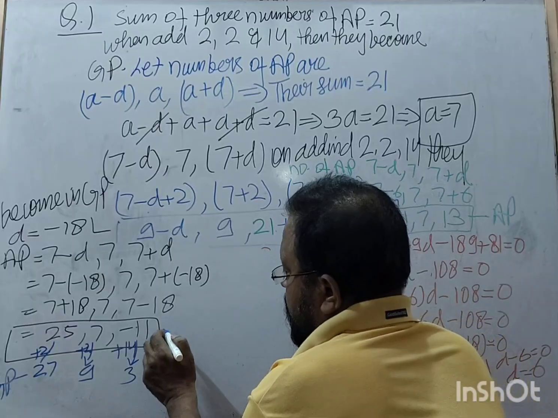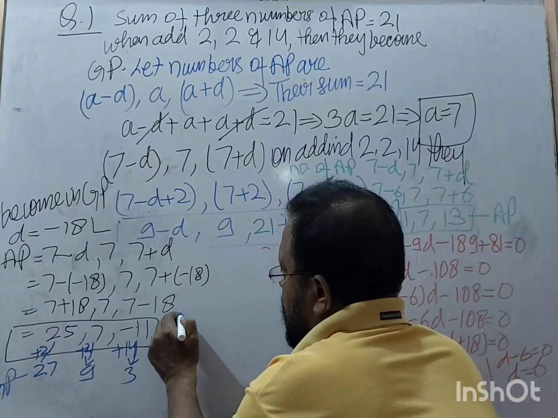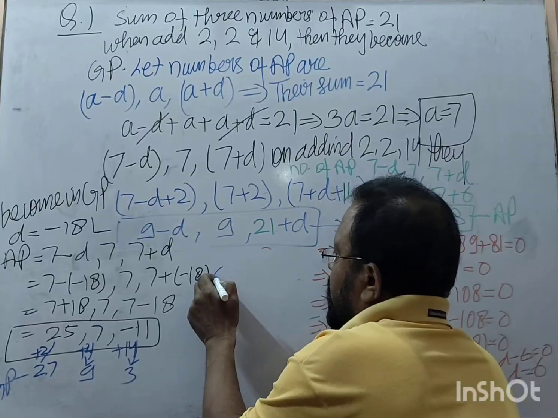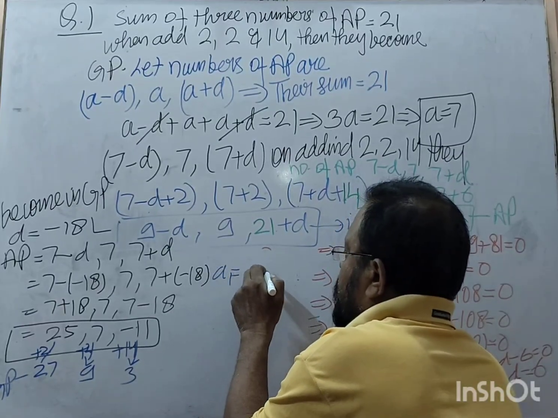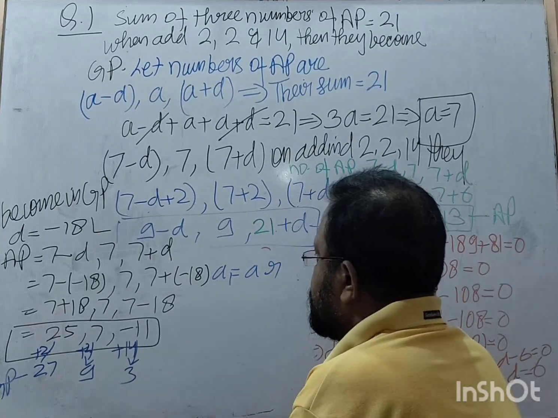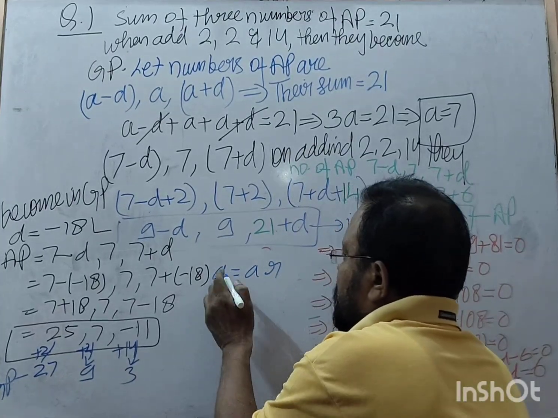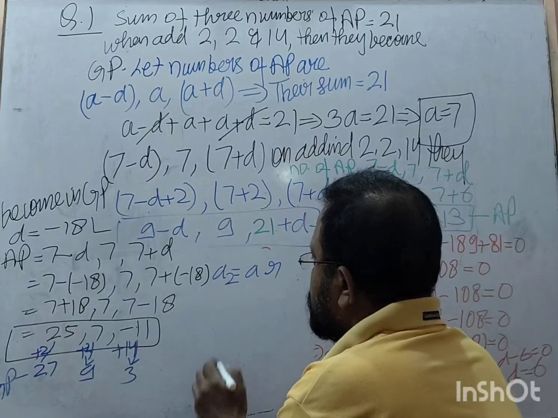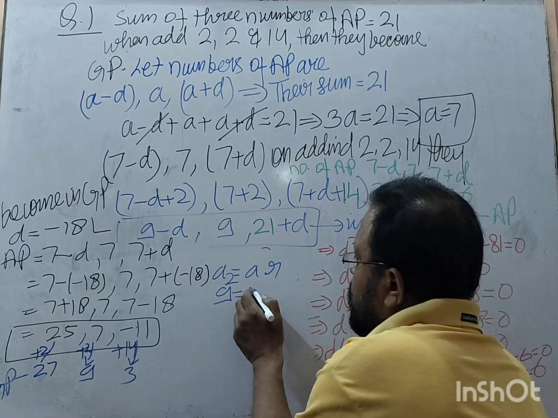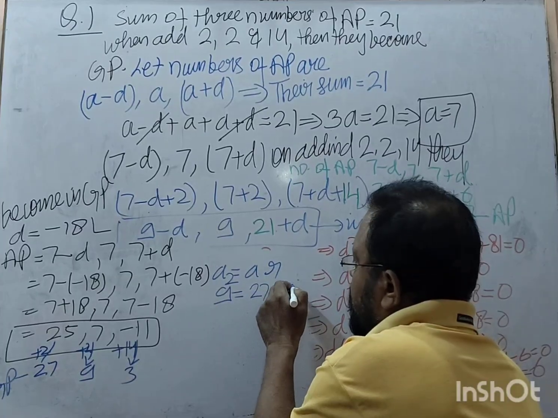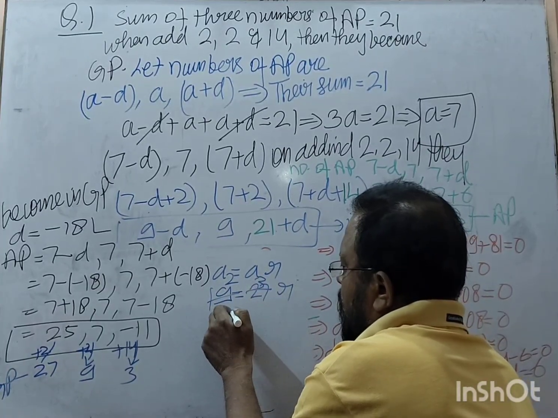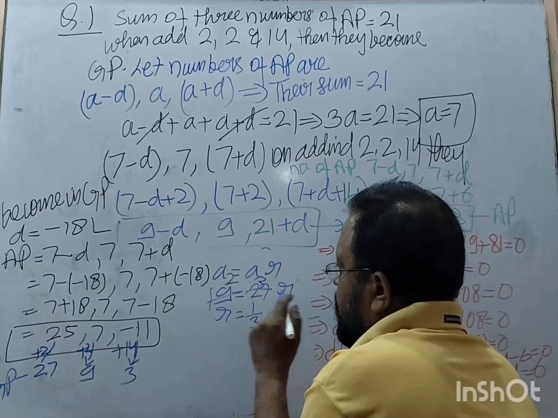Now a2 is equal to a r, so 9 is equal to 27 r, so r is equal to 1 upon 3.